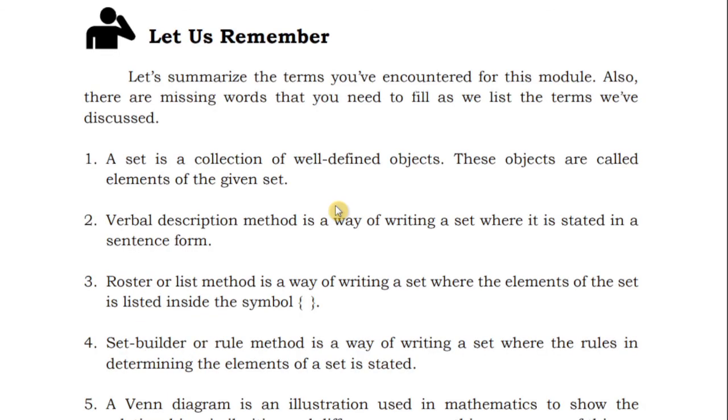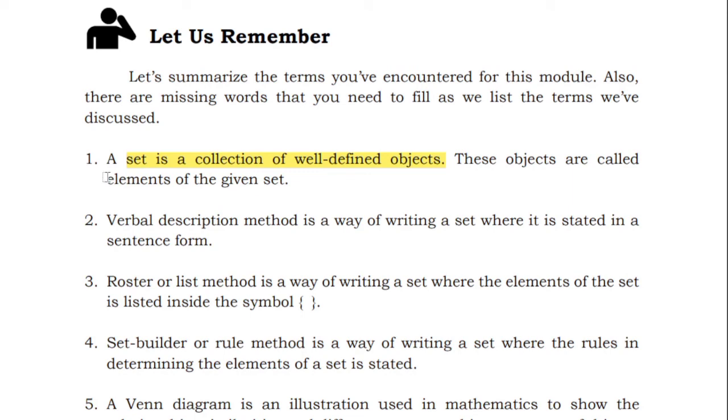Then let us remember. So this is now the summary that we have. A set is a collection of well-defined objects. Then the elements are those found in a given set. The verbal description method is a way wherein we state a sentence form of a given set.